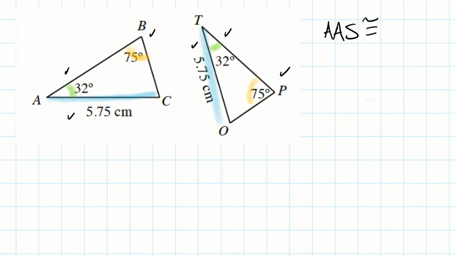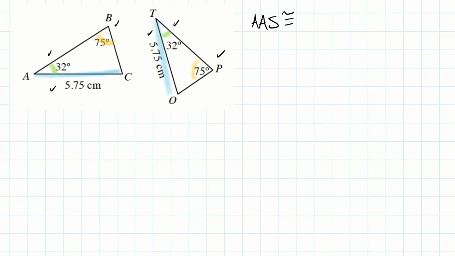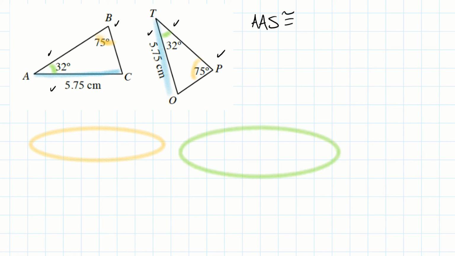So because I know three things have to be true, I'm going to start this proof, and I'm going to try using some colors here. I'm going to start this proof by pointing out a pair of angles, and then I'm going to do another pair of angles, and then I'm going to finish up with a pair of sides.